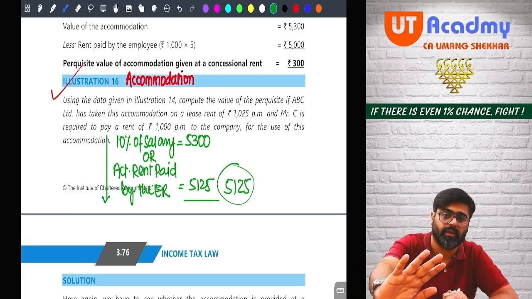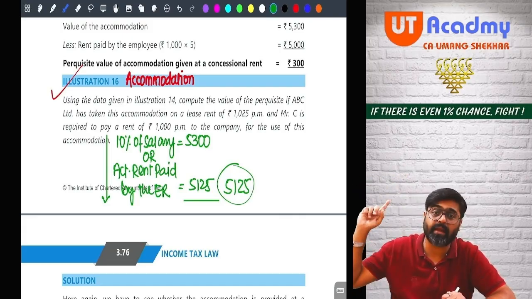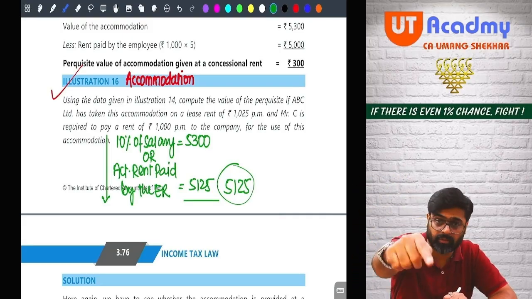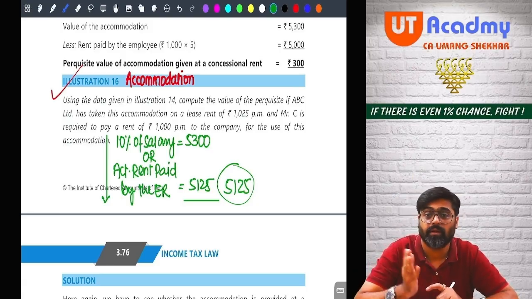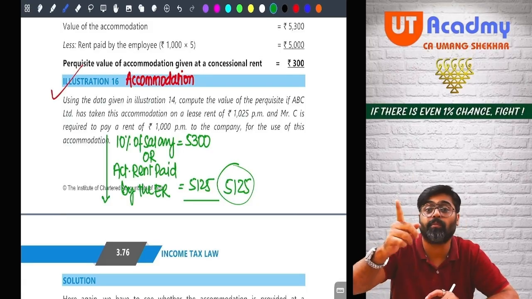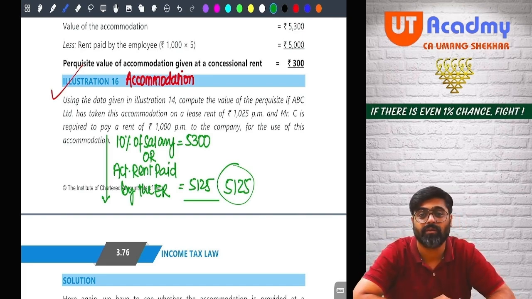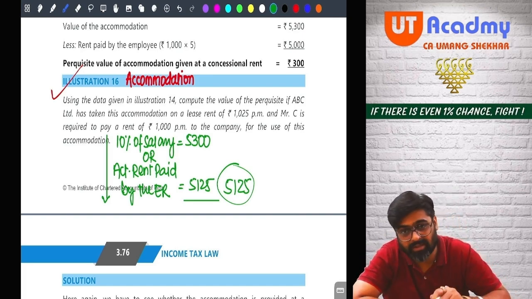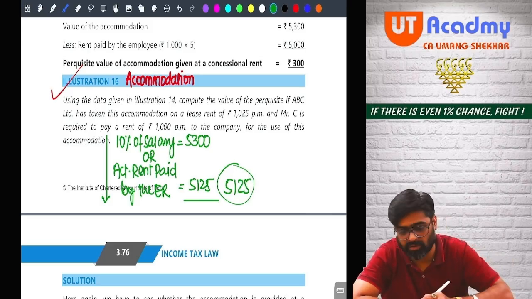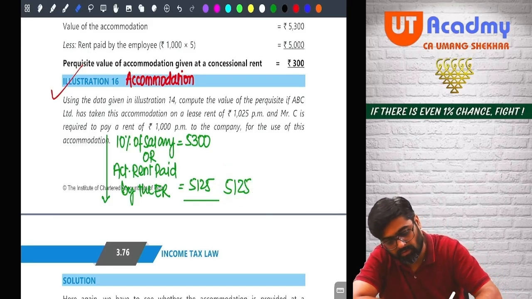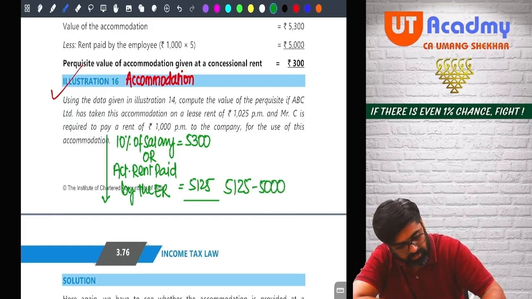But wait, if the rent is not taken by the employer, then this value will be taxable. But they are giving in the question that for this accommodation the employer was charging 1000 rupees per month. So what will you do? Will you charge this entire amount, or will the 5000 recovered be reduced? Will be reduced, no? So reduce that 5000 out of here. You will get 125. 125 rupees taxable.